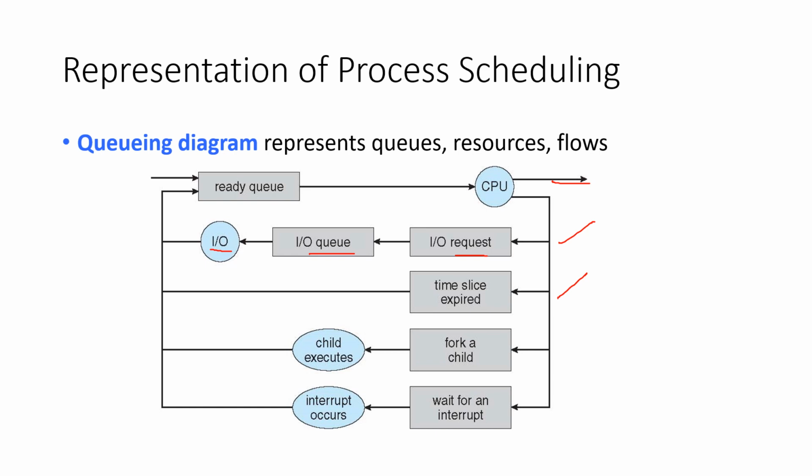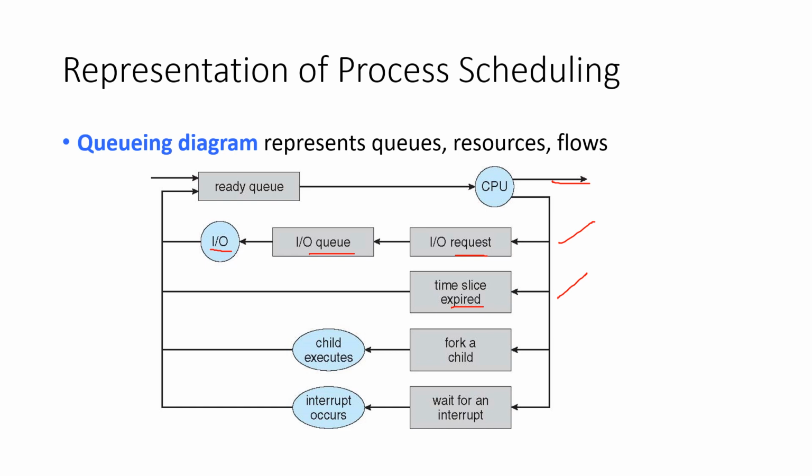Supposing process P1 gets the CPU's attention for 4 milliseconds, then after 4 milliseconds the time quantum gets expired and hence we say that the time slice has expired. Once the time slice has expired, the process is put back into the ready queue.